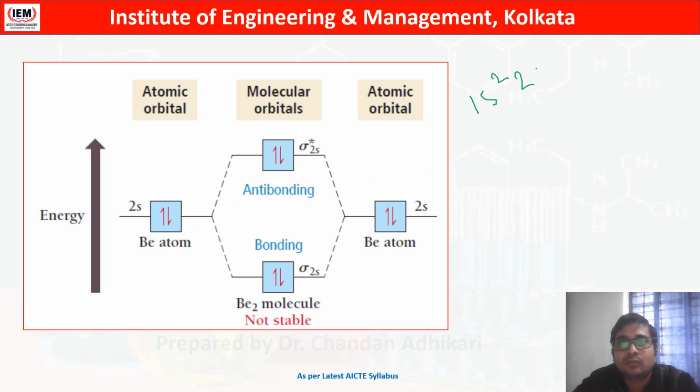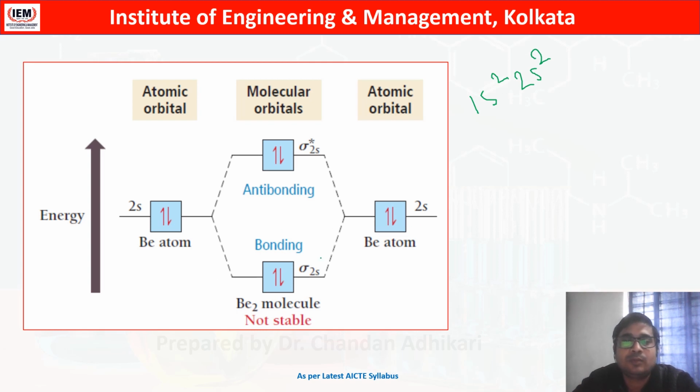So two 2s orbitals combine and form two molecular orbitals, one bonding, another anti-bonding. The two electrons present in this 2s atomic orbital and the two electrons from the other atomic orbital will try to occupy both the bonding as well as the anti-bonding orbital, because one molecular orbital can take only two electrons.